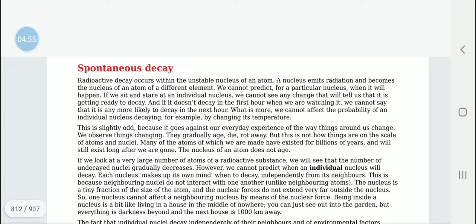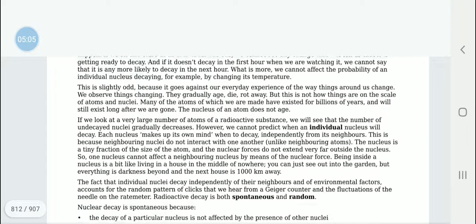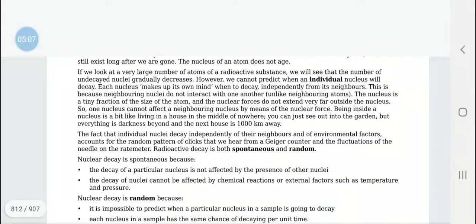So it is spontaneous. Spontaneous means it happens without any other effect. Heating or increasing the temperature or increasing the pressure will not have any effect on a radioactive material to decay. It does not have any effect on it.